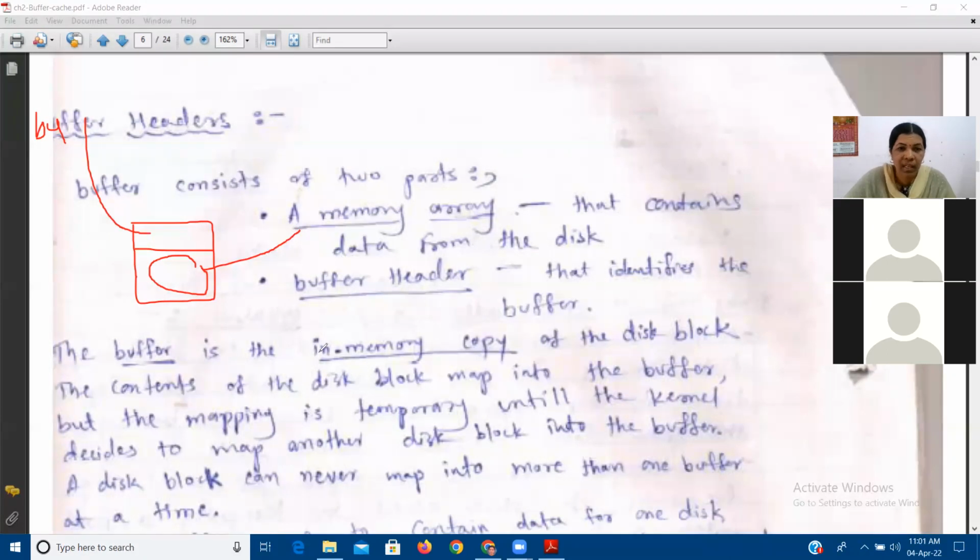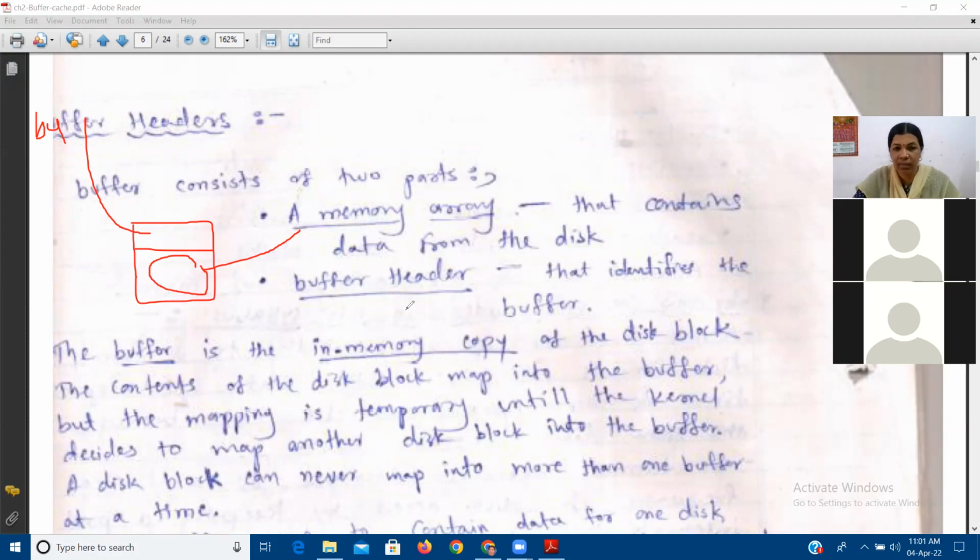The buffer is an in-memory copy of the disk block. It is also called an in-memory copy. If it is the copy on the hard disk, we call it the disk copy. And when the kernel reads it, we call it an in-memory copy. That in-memory copy is nothing but the buffer.